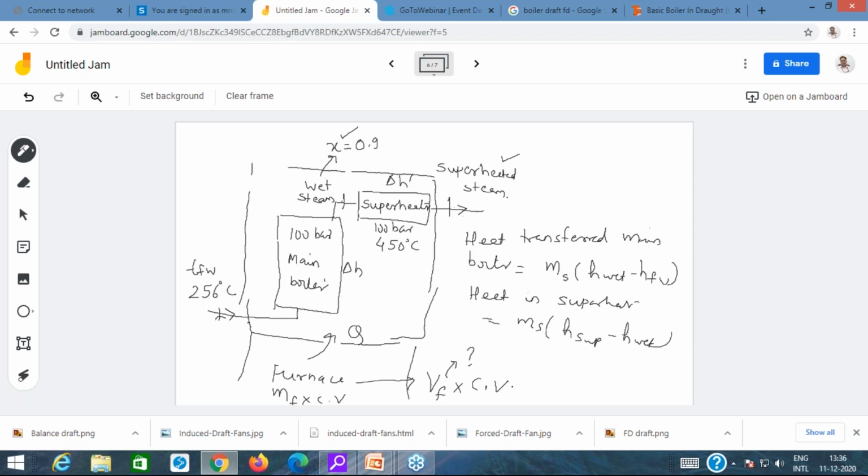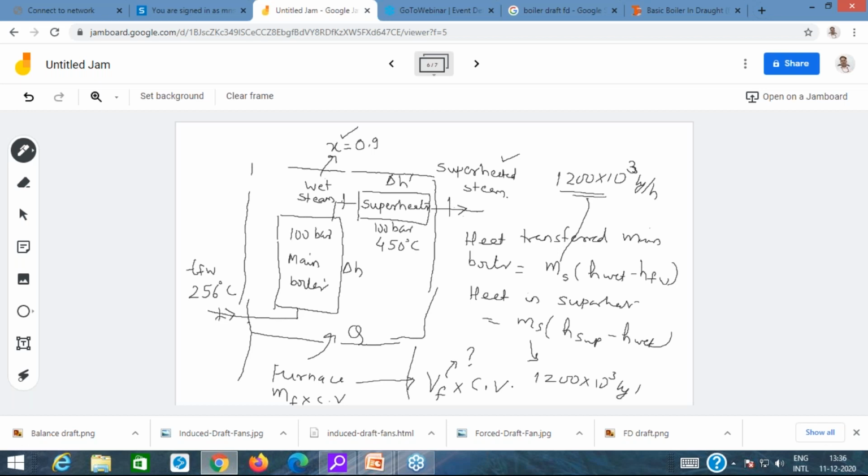How much is the mass flow rate given? Mass flow rate given is 1200 tons per hour. Means 1200 into 1000, 10 raised to 3 kgs per hour. Either you convert it into per second or you keep that as per hour.